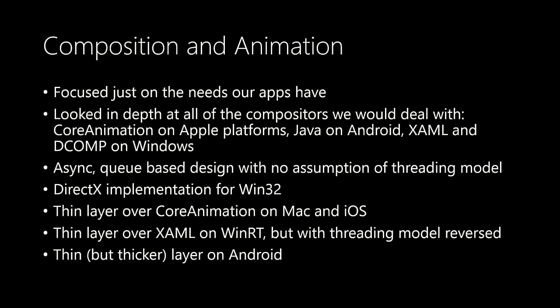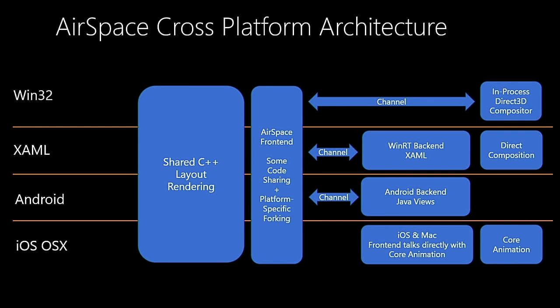So what we've done is we've said, okay, we're just going to go and design an API that abstracts this out by making it consist of async non-blocking APIs where we can reverse threading semantics in a way that is going to match all of the platforms. And if you look at the diagram of how we actually composite all of our documents, on the left is a big shaded block of C++ code that loads documents, does layout, and does rendering.